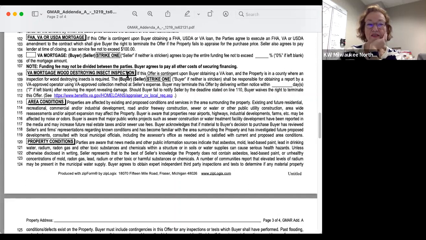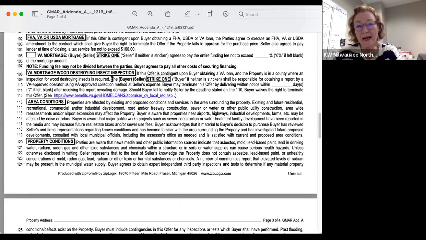Mortgage wood destroying insect inspection. If this offer is contingent upon a buyer getting a VA loan, properties in a county where inspection for wood destroying insect is required. There's debate and doubt whether termites are in the counties of Milwaukee and Ozaukee in Wisconsin, but I would double check on that. But we do also have other wood destroying insects like carpenter ants.